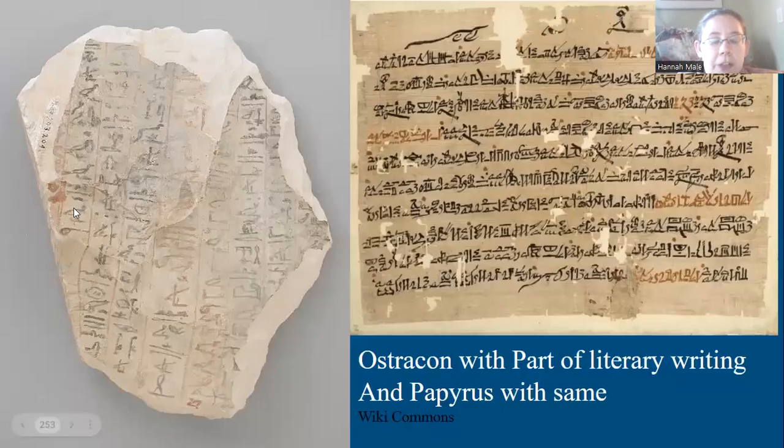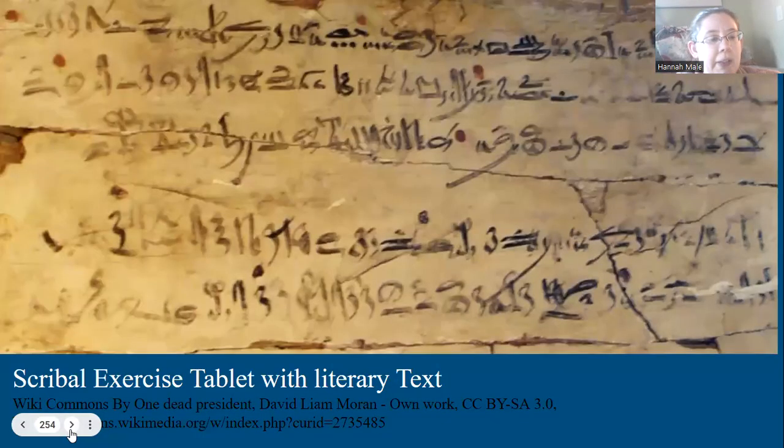So on the left here is an ostrakhan with part of one of these literary texts. And then on the right is a papyrus with a version of that same literary text. This is a scribal exercise tablet with one of these literary texts.